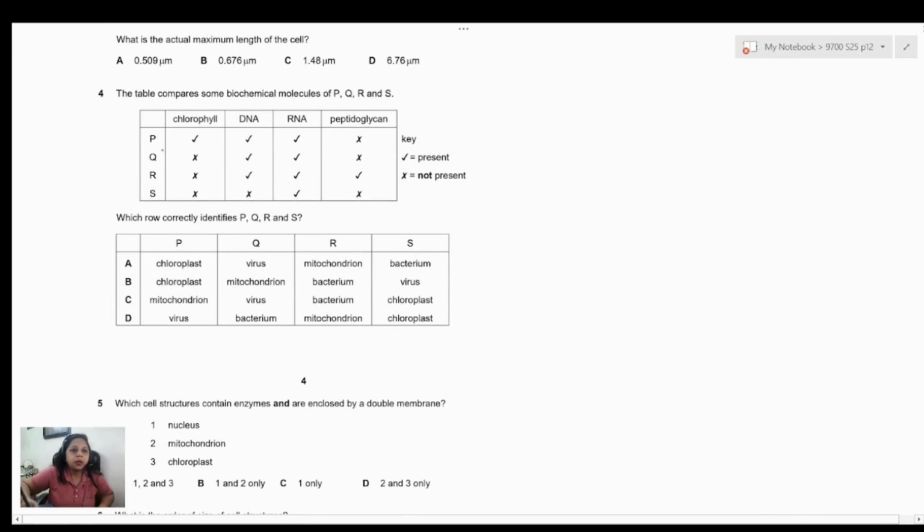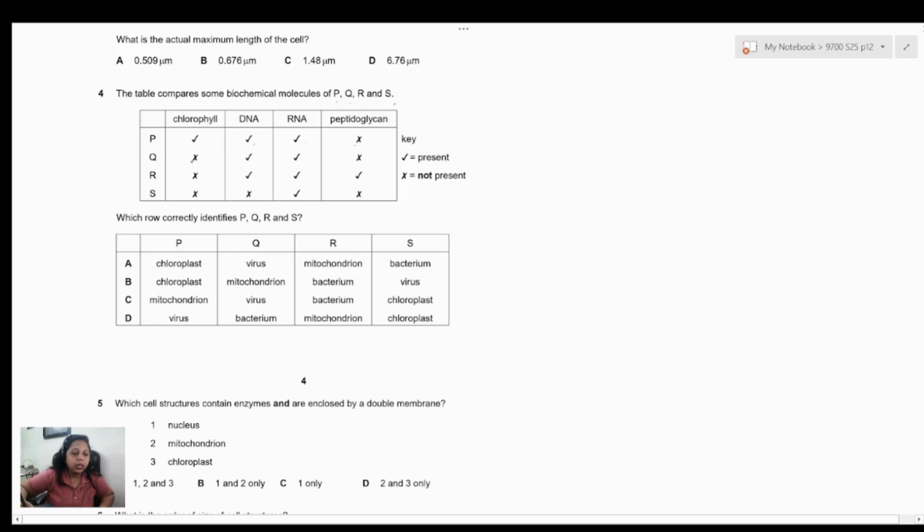The table compares some biochemical molecules P, Q, R and S. P has chlorophyll, DNA, RNA, but no peptidoglycan. Simple: peptidoglycan is present in the cell wall of bacteria, so this one is not related to bacteria.